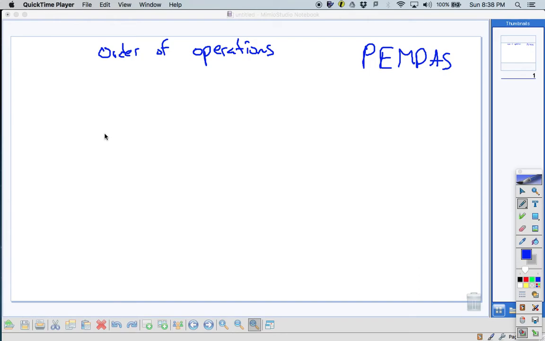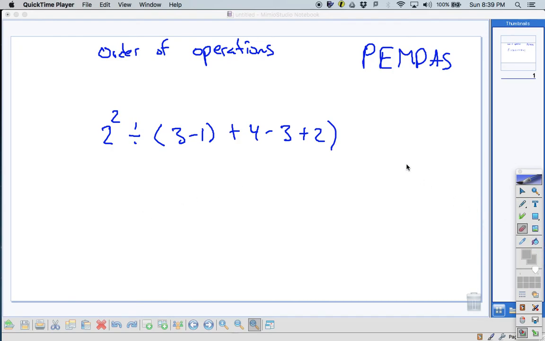Let's go with 2 squared divided by... No, actually, I'm going to use parentheses. 3 minus 1 plus 4 minus 3 plus 2. Nope, don't need the last set of parentheses either.